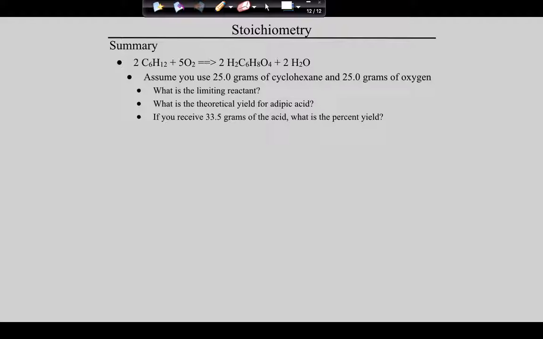Because what does the yield depend upon? The limiting reactant. And then once you figure out the theoretical yield, you can then come up with the percent yield. Is actual divided by theoretical times 100.